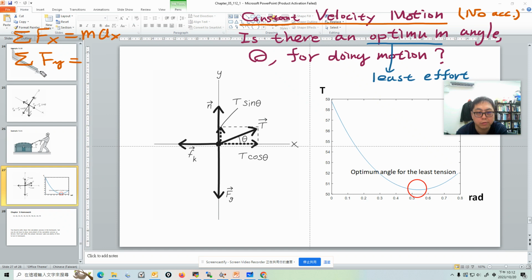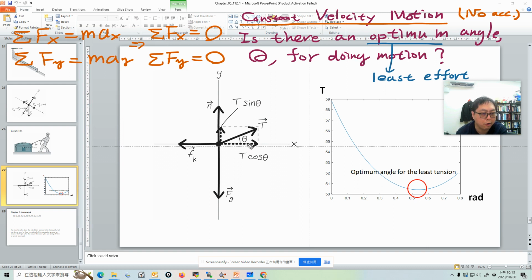Right now we only have two dimensions, so we ignore the z direction. Since this is constant velocity motion, the net force x component is 0, and the net y component of force is also 0.